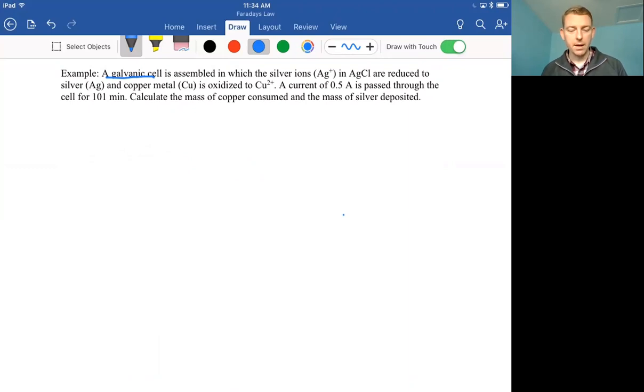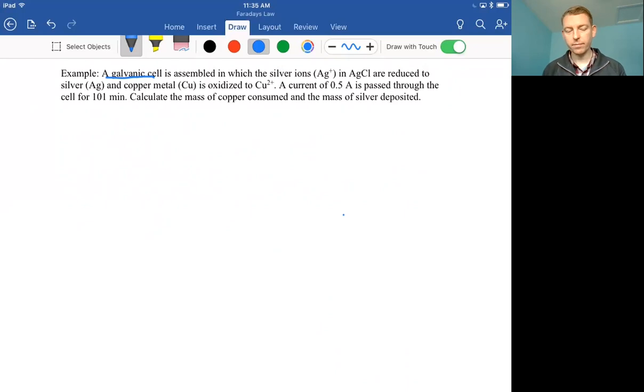Okay. Is assembled in which silver ions in silver chloride are reduced to silver, and copper metal is oxidized to copper 2+. Okay, so we already have our cathode and anode laid out for us. What else we got? A current of 0.5 amps passed through the cell for 101 minutes. Calculate the mass of copper consumed and the mass of silver deposited.